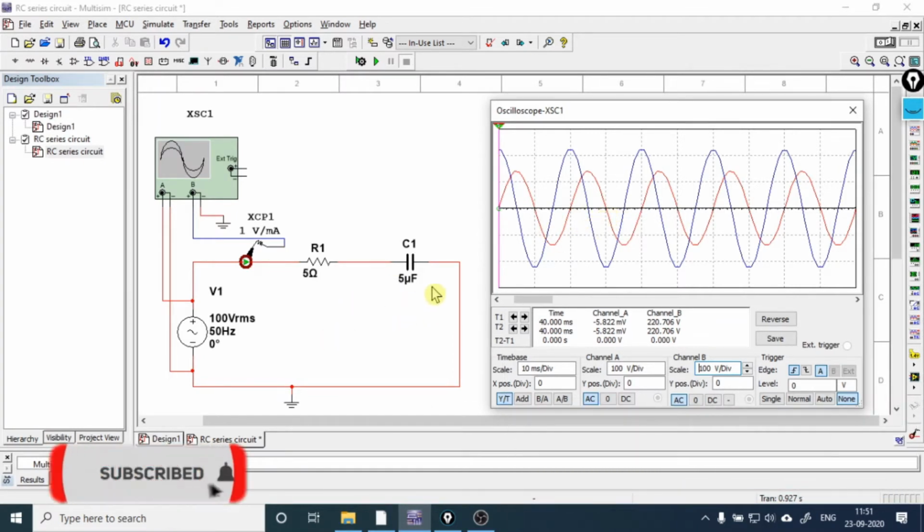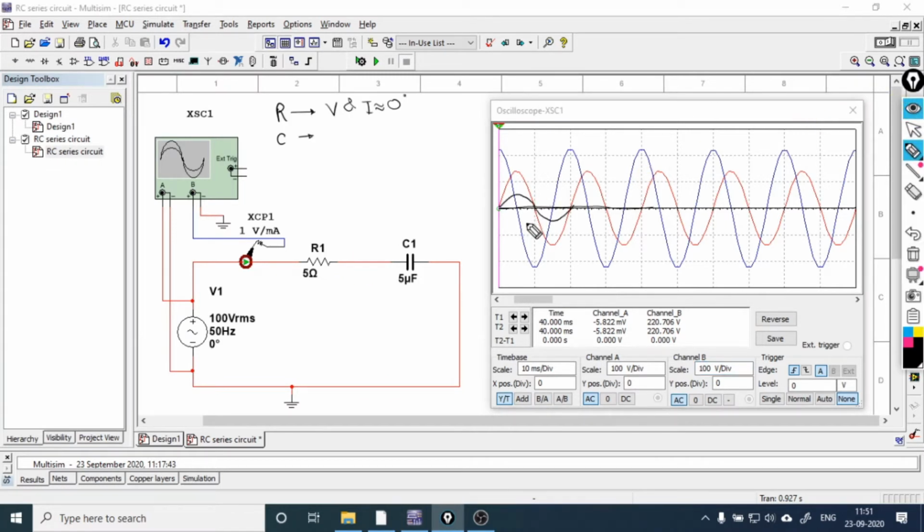But now the circuit has turned more capacitive and less resistive, so it's almost a capacitive circuit. Let me draw the waveform of current. So this is the waveform of current.